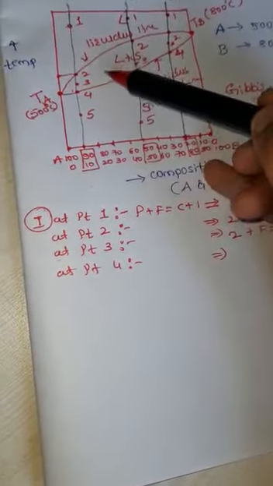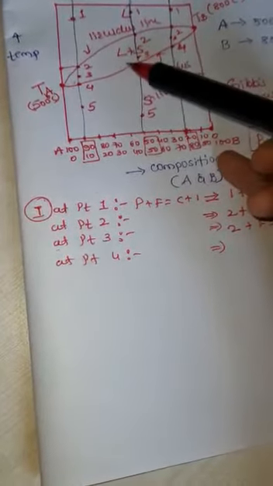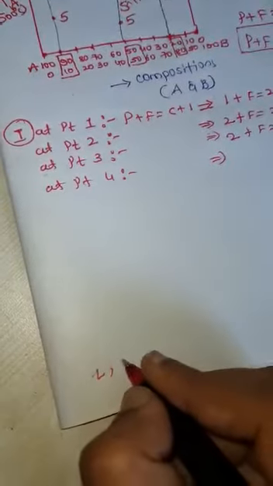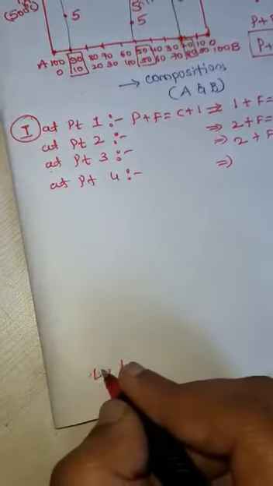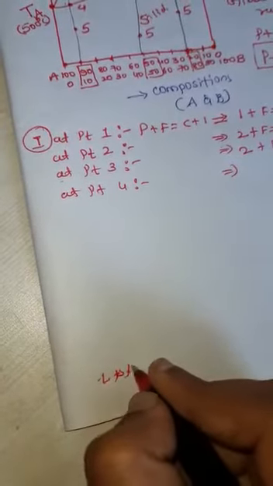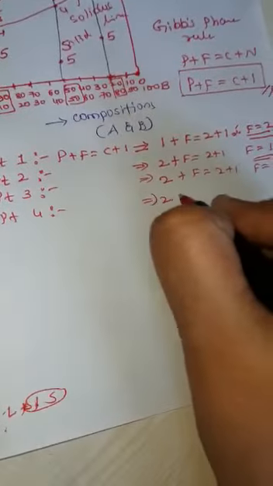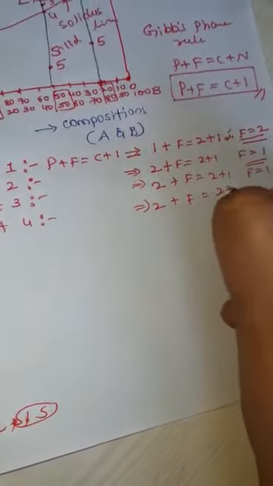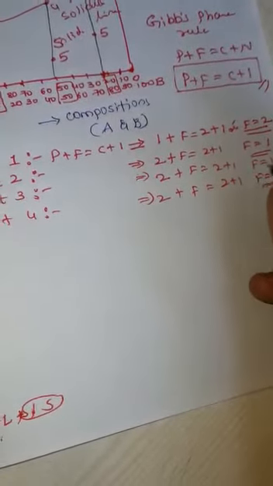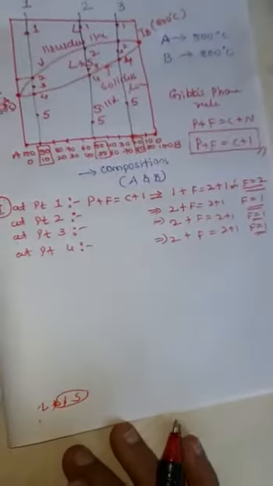In this region there is liquid plus solid, and the other region is solid. So P is equal to 2, and again F is equal to 1.